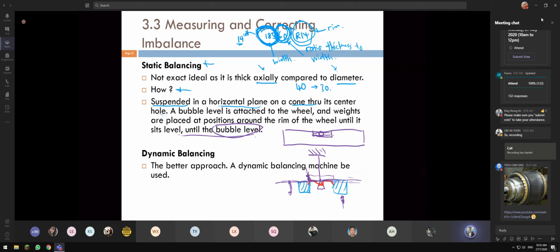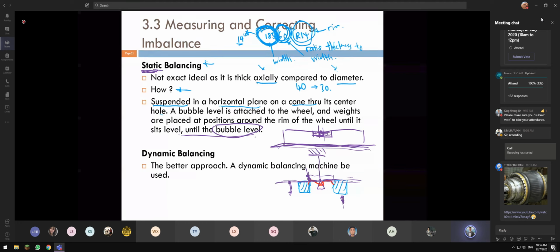If this is put on a flat horizontal level, the bubble will stay at the middle, right? If it's tilted, then this bubble will move to left or right, depending on the incline direction. So that's why static balancing basically is not that difficult to do.